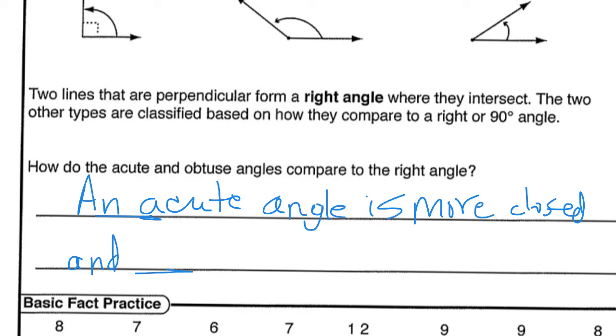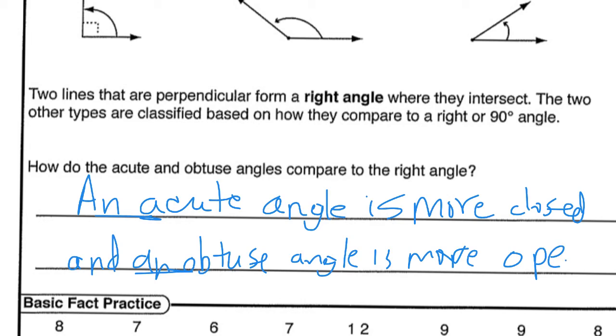An acute angle is more closed, and an obtuse angle. Notice that I wrote angle and not angel. Angel is A-N-G-E-L. Obtuse angle is more open than a right angle. Period. Do you have a capital? Do you have a period? Fix that now. All right.